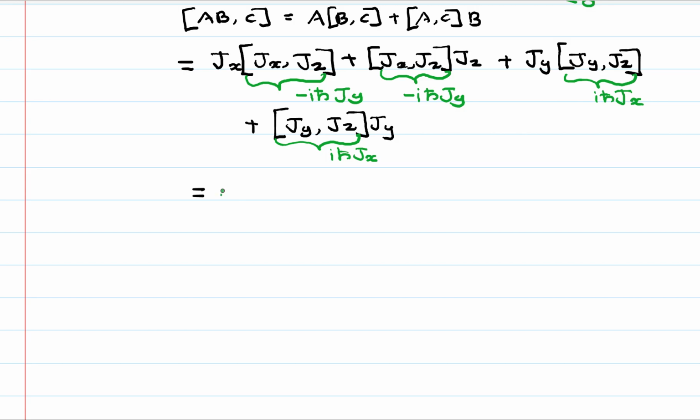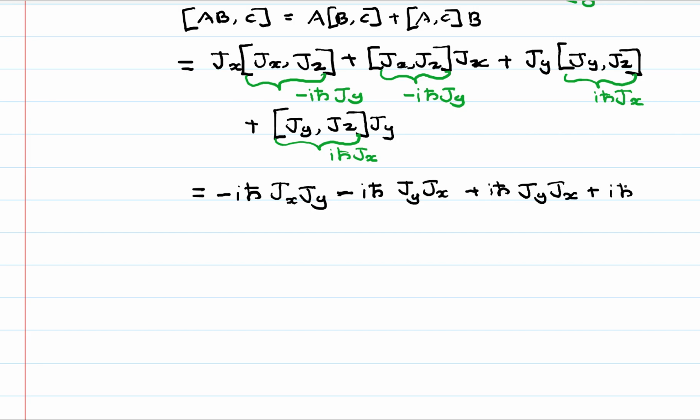So this is equal to jx times minus i h cross jy, then minus i h cross jy times jx, then plus i h cross jy times jx, plus i h cross jx times jy.